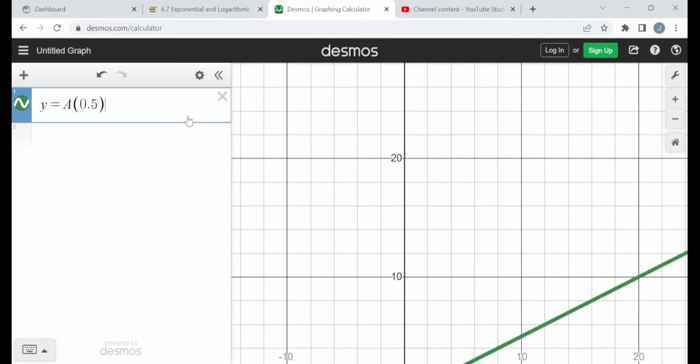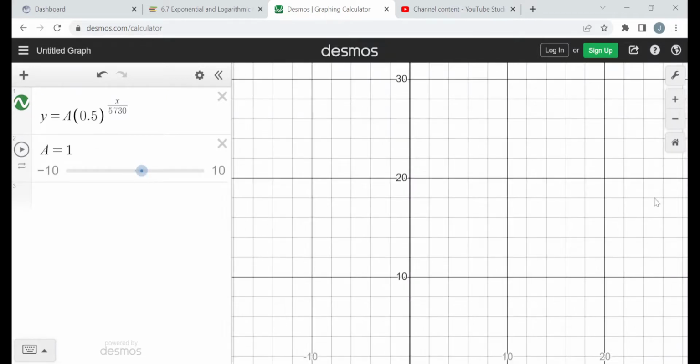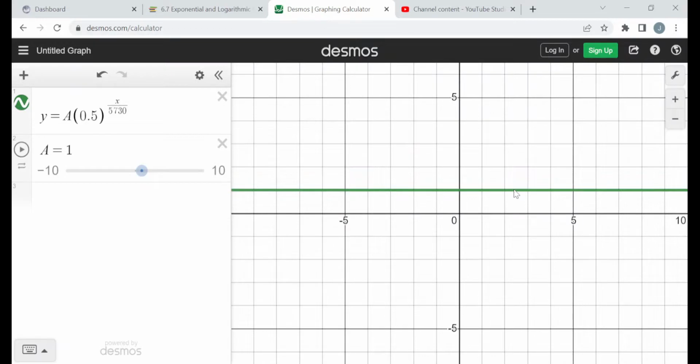So 0.5 raised to the T over 5,730. And you know what? It's having me put a slider in for T. So I'm going to change T to X, so it only has me do a slider for A. So now X represents time. And then there. See, so if I started with one, say 1 gram.